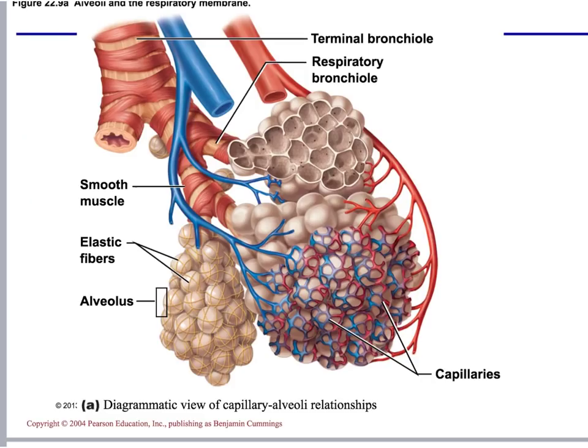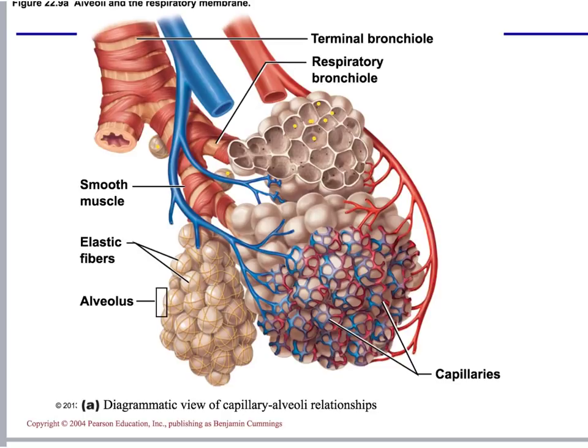Moving on down from the terminal bronchiole into the respiratory bronchiole, which has scattered alveolar sacs with tiny little pores in between that allow the air to be balanced. Surrounding the alveoli, we have these nice little elastic fibers, right?